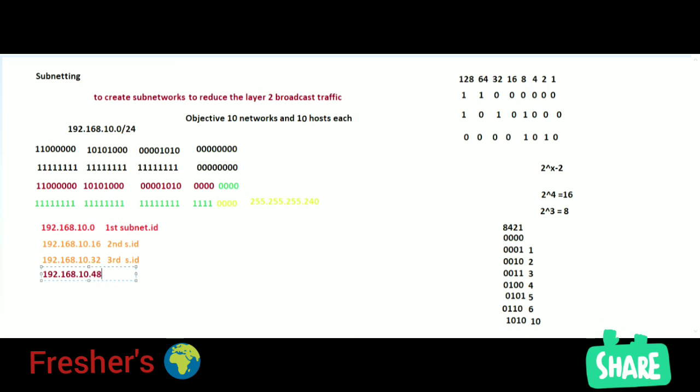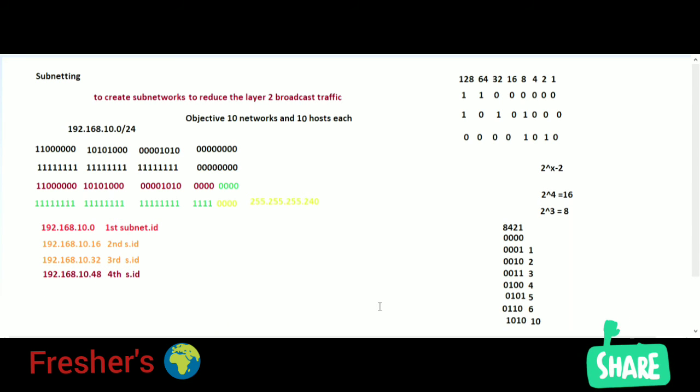So the fourth subnet ID is 192.168.10.48. The subnet mask for these subnet IDs is 255.255.255.240, the mask for the subnetworks.